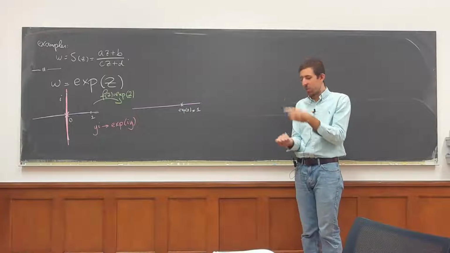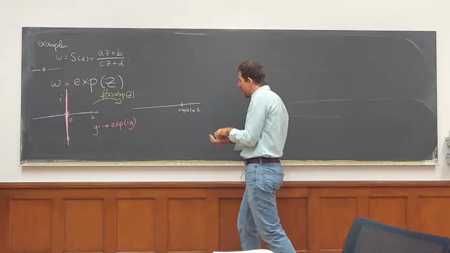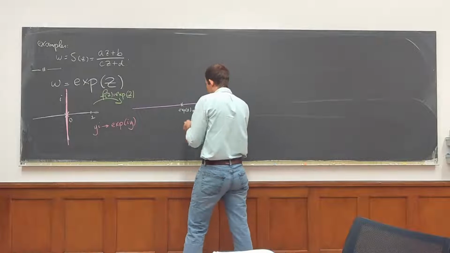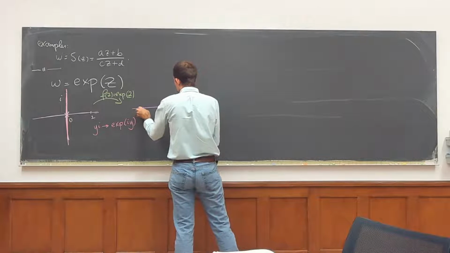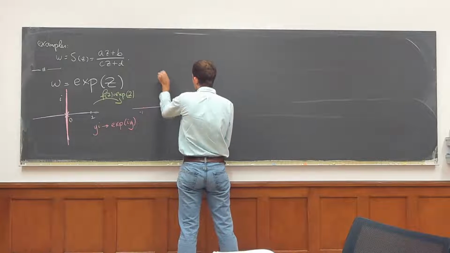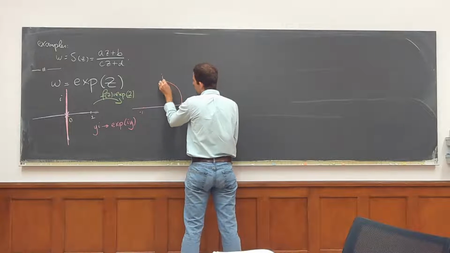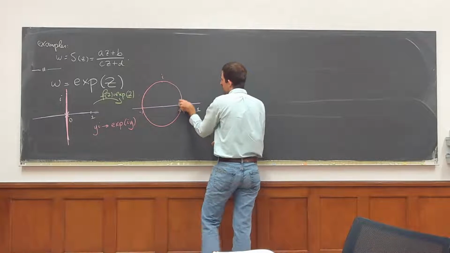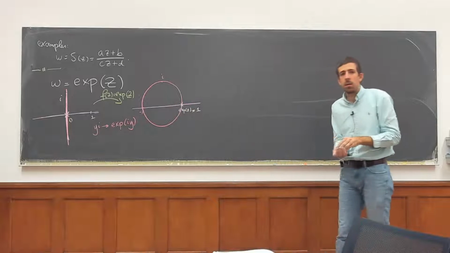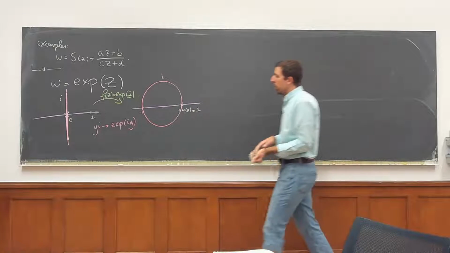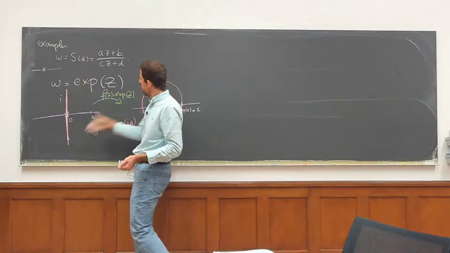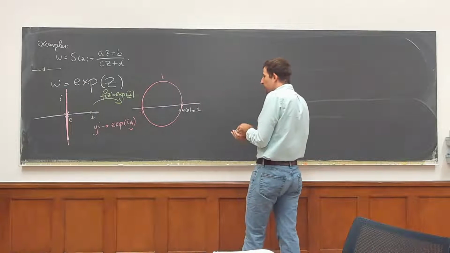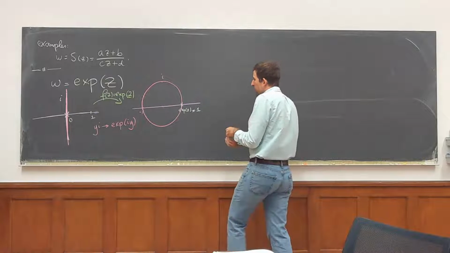So let's say 0 is here, and -1 here, and the imaginary axis simply gets mapped to the circle. So the real axis gets mapped to the real axis, the imaginary axis gets mapped to the circle. And now we're going to investigate what happens at the point.